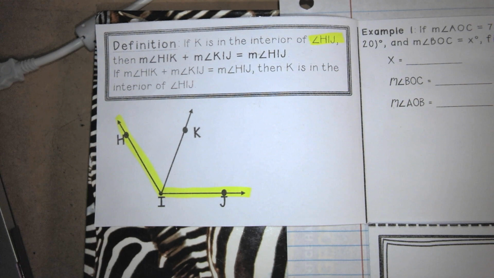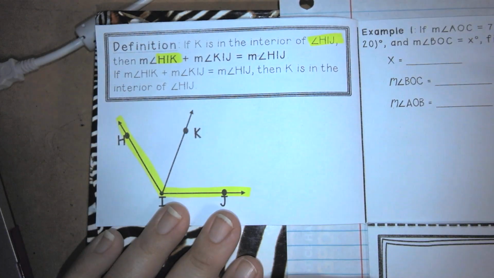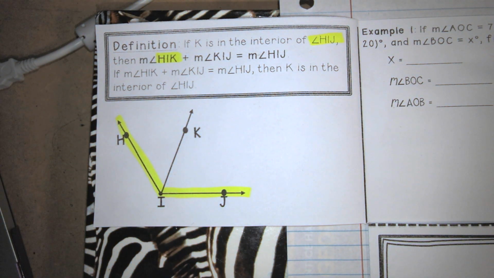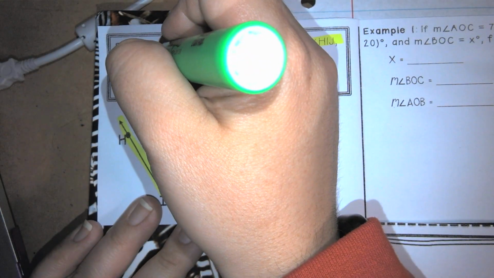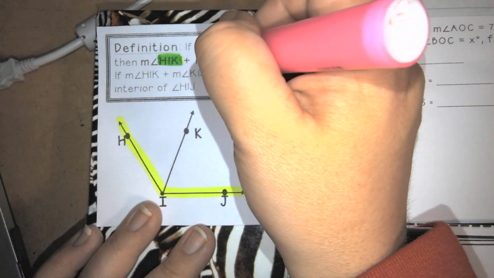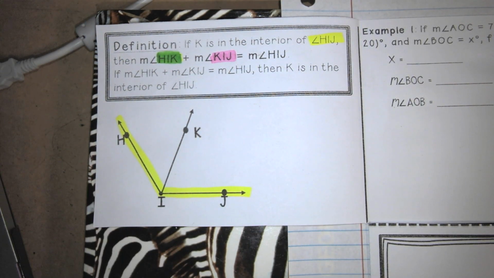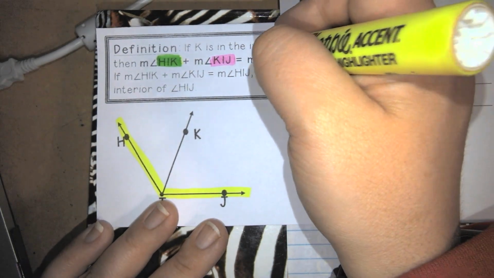We know based on the segment addition postulate that the measure of angle HIK, sorry, I just highlighted that the wrong color here. Let's change that. The measure of angle HIK plus the measure of angle KIJ is going to equal the measure of angle HIJ.